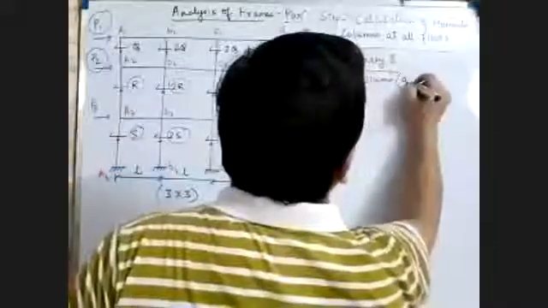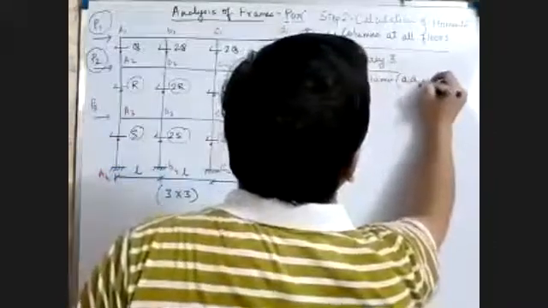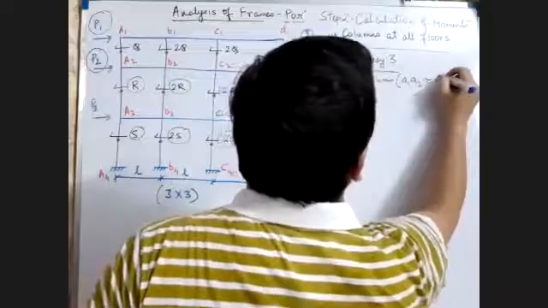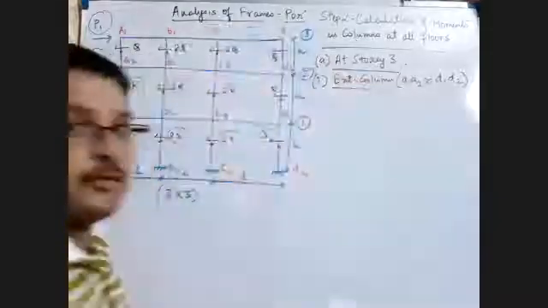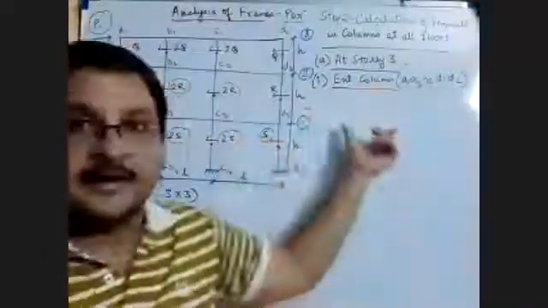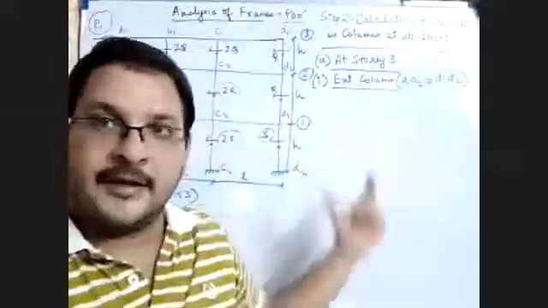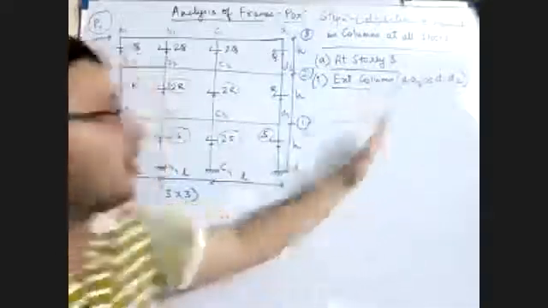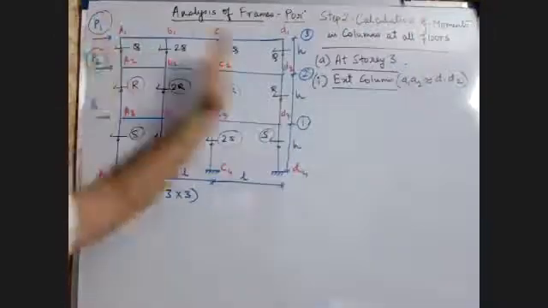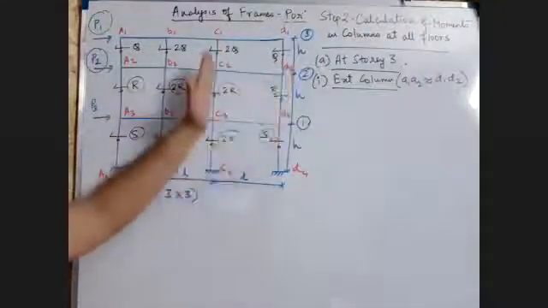Exterior columns are A1, A2, which will be similar to D1, D2. During calculation of the bending moments for beams as well as for columns, you just have to show one sample of an exterior column, either this or this, and one sample for an interior column.